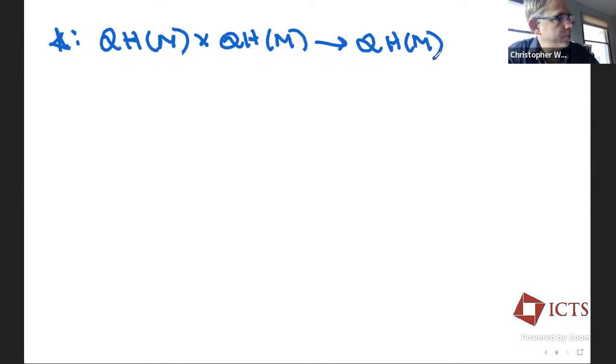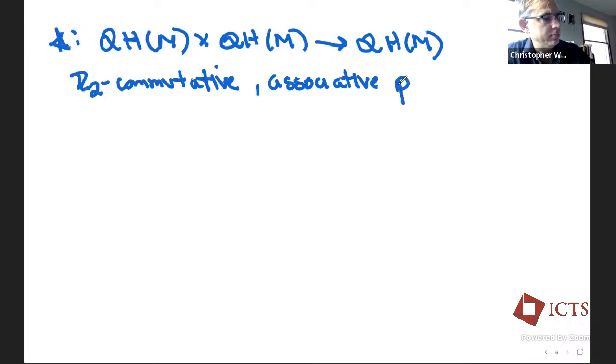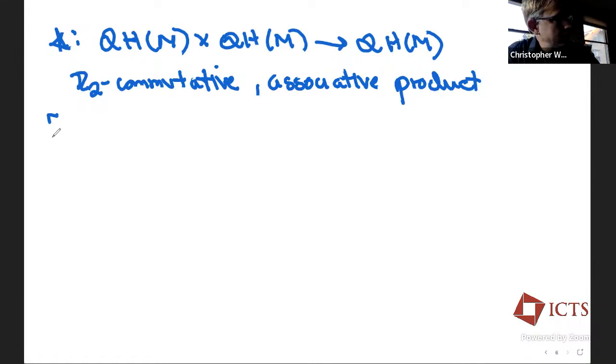And the theorem is that it's supercommutative. So it's commutative in the same sense that the usual cup product is commutative, and an associative product. And let's do an example.